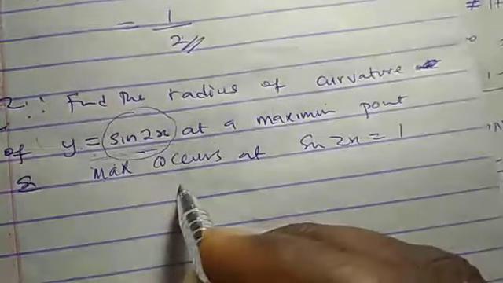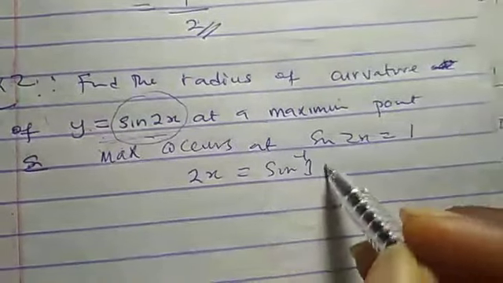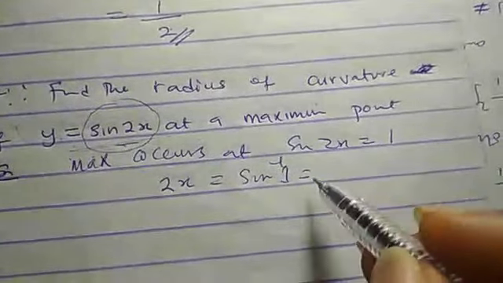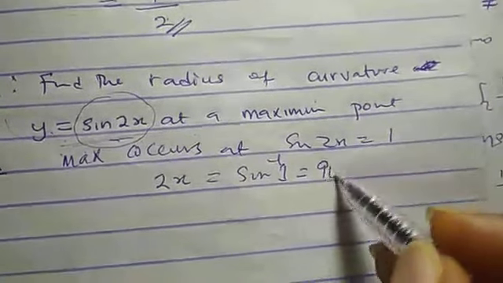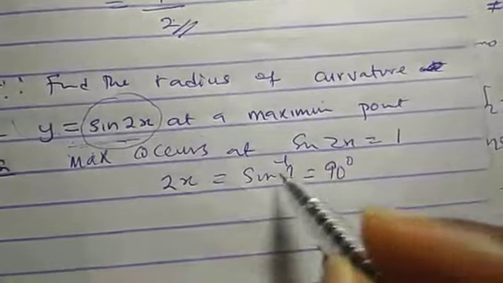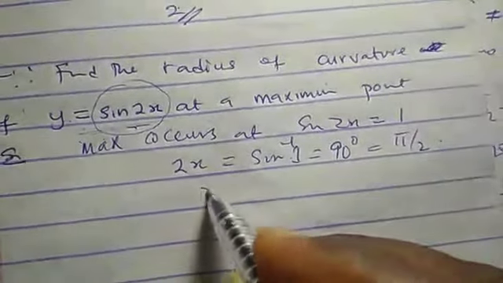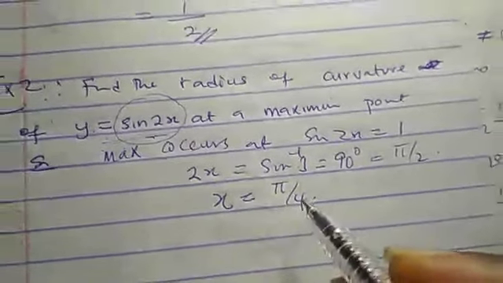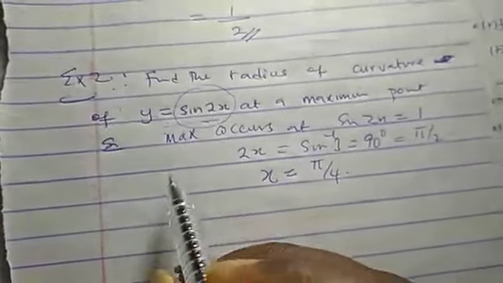Making 2x the subject, we have arcsine 1. What angle can give me sine equal to 1? That is 90 degrees, sine 90 degrees is 1, or I will write it as pi over 2. Making x the subject, we have pi over 4. So pi over 4 is the maximum point of this function.